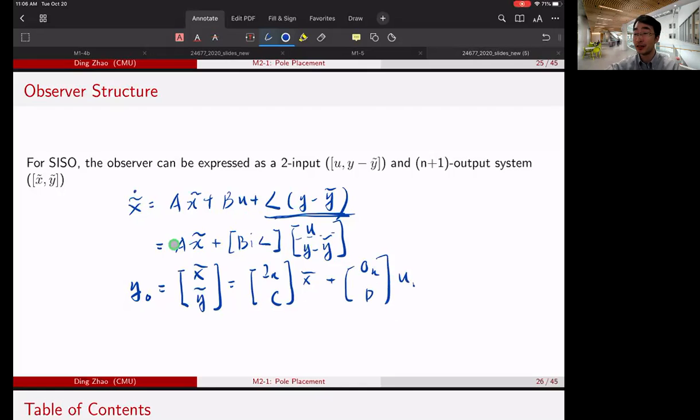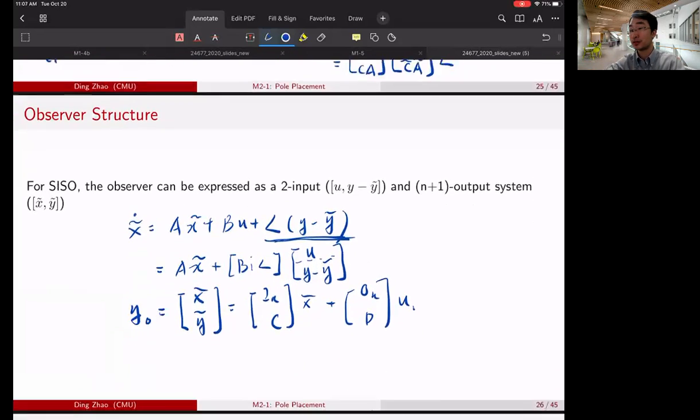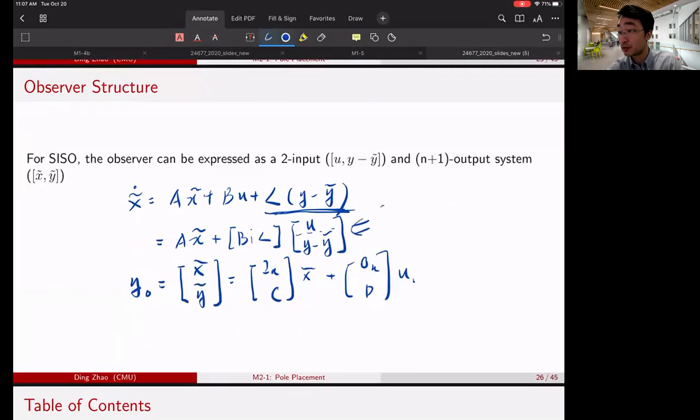Basically you have this A, B, C, D matrix, right? Your state is x tilde, and your input is u and y minus y tilde. If you remember what I drew previously, this is our input.